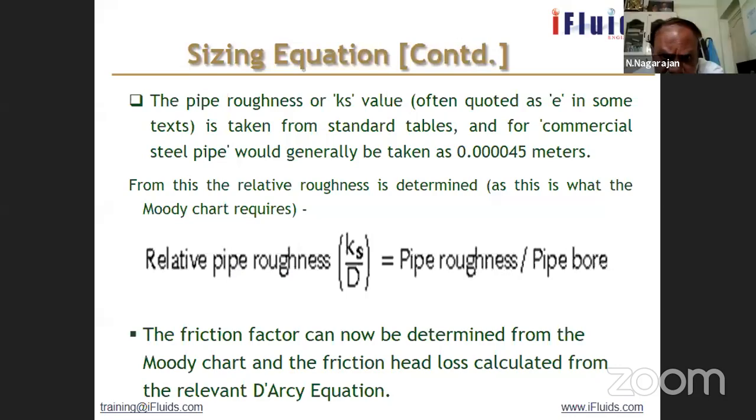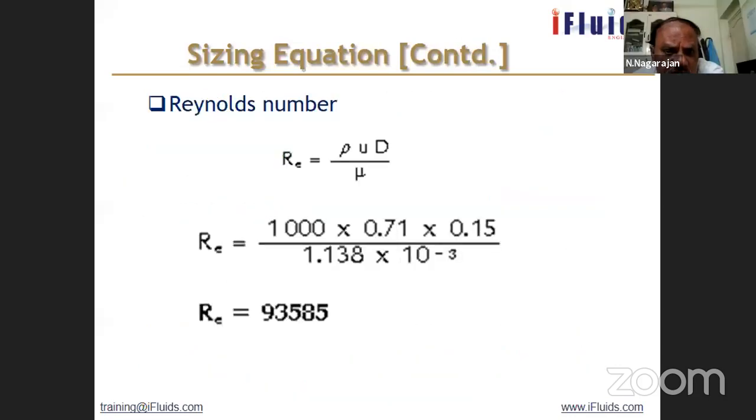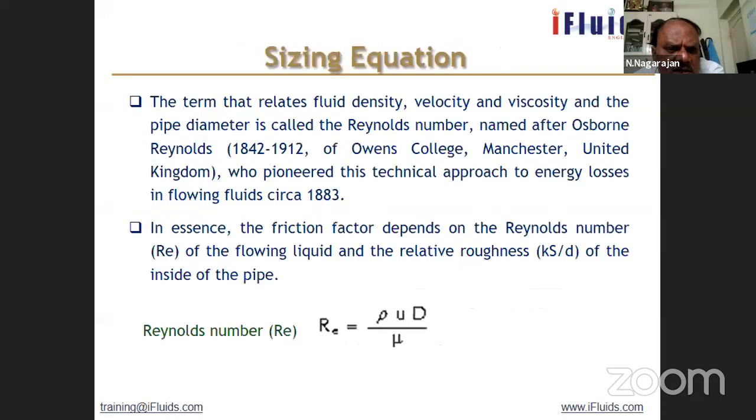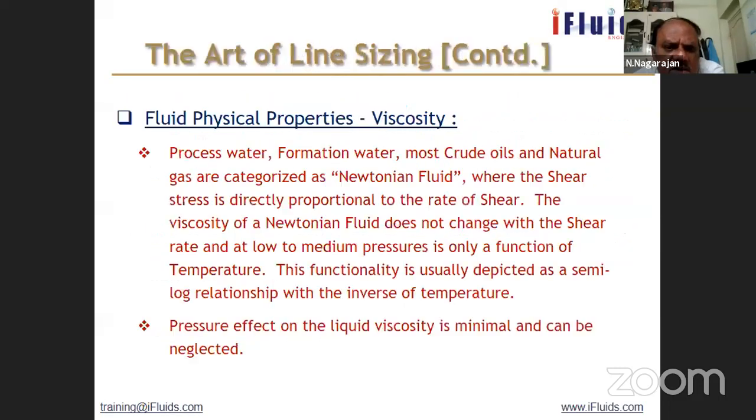Friction factor can now be determined. Pipe roughness, Reynolds number. Friction factor depends on the Reynolds number. Newtonian process fluid is where the shear stress is directly proportional to the rate of shear. That is Newtonian. The viscosity of a Newtonian fluid does not change with the shear rate at low to medium pressures. The functionality is usually depicted.